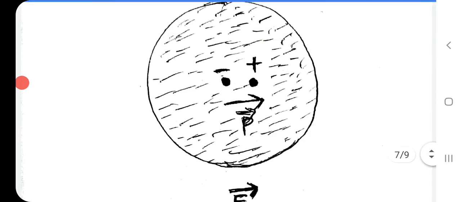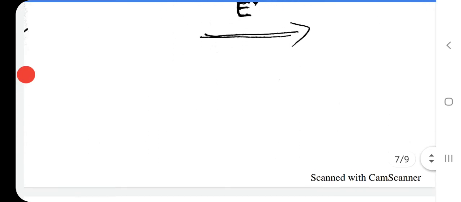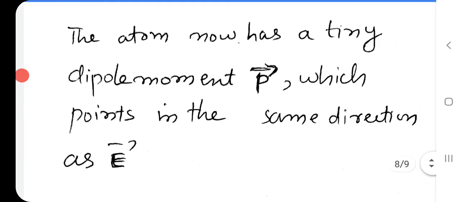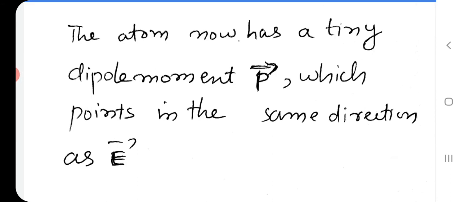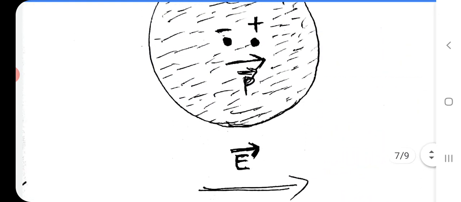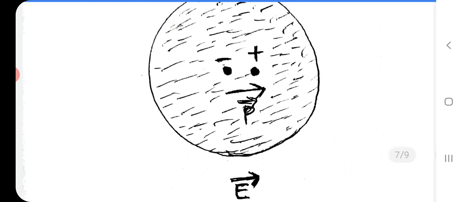The atom now has a tiny dipole moment which points in the same direction as that of the electric field. The dipole moment is a vector pointing from the negative charge to the positive charge, so it is pointing in the same direction as the electric field.